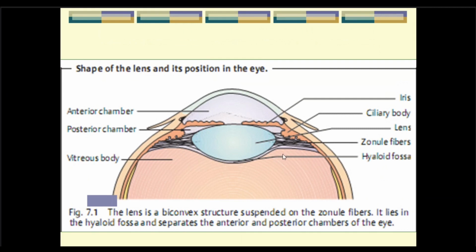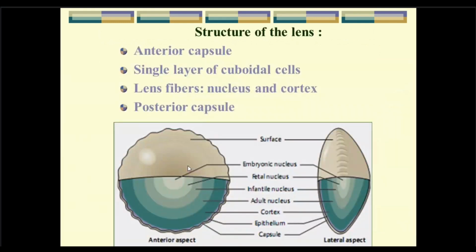I hope you remember that the lens is a transparent, biconvex, crystalline, avascular structure placed between the iris and the vitreous body. So here is the lens. The accommodative power of the lens is near 20 dioptres. I hope you remember this is the second most powerful refractive structure.